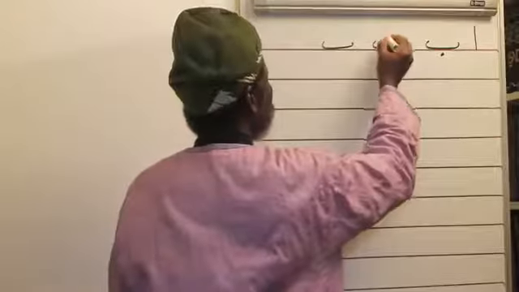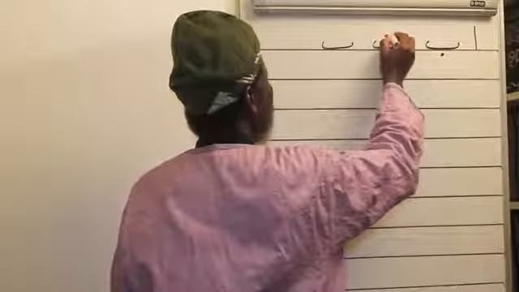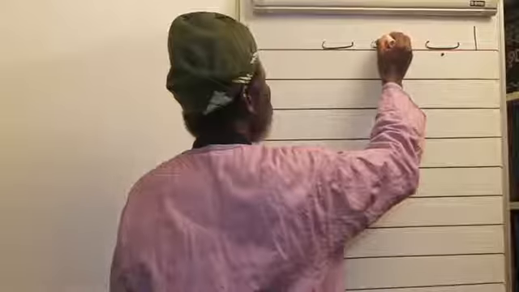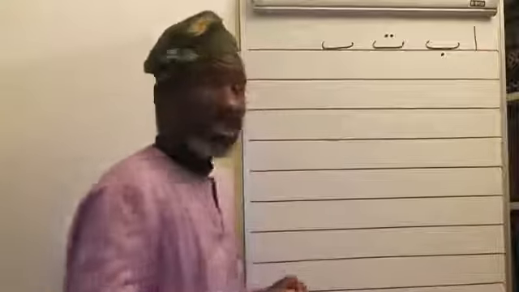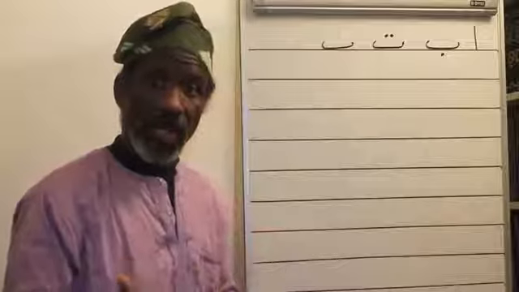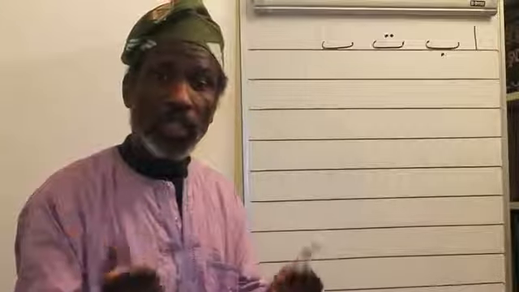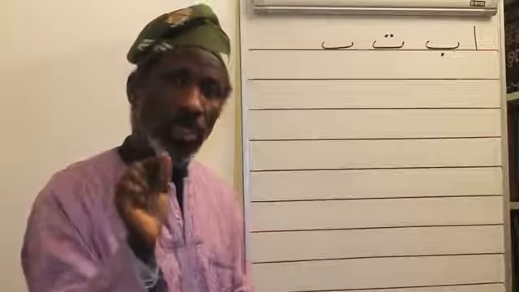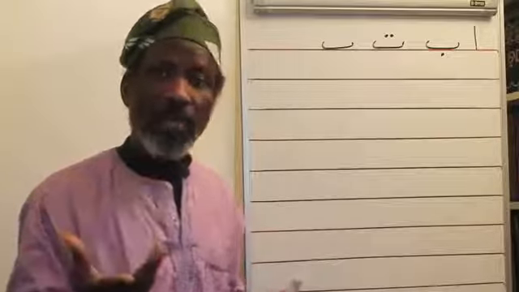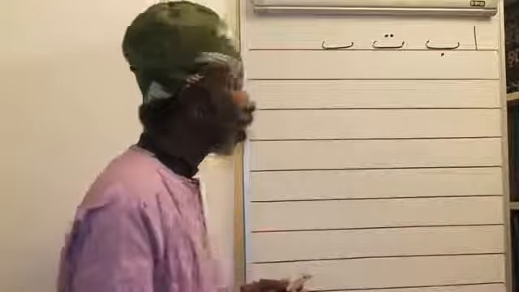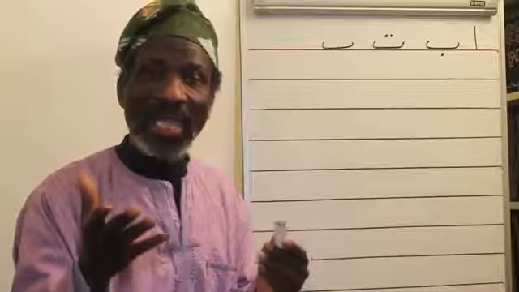Now let's put two dots above the second of the family. So the same shape, the boat family, we have two dots. I want the two dots to trigger again the name of the letter: ta, ta.